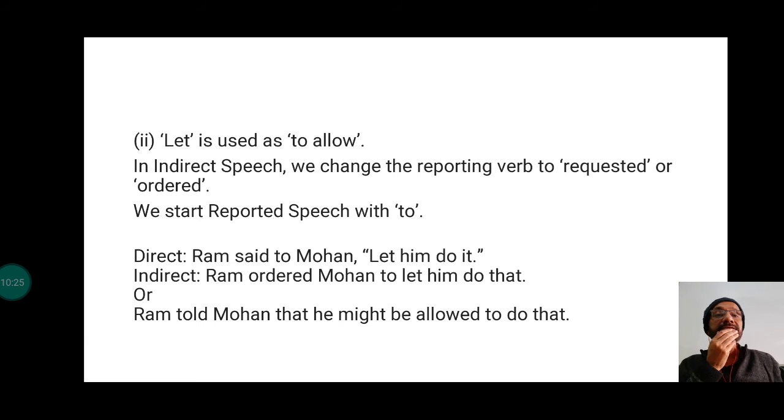So in indirect speech, we change the reporting verb to requested or ordered, depending on the mood of the speech. We start the speech with "to." Ram said to Mohan, "Let him do it." Ram ordered Mohan to let him do that. Or Ram told Mohan that he may be allowed to do that.